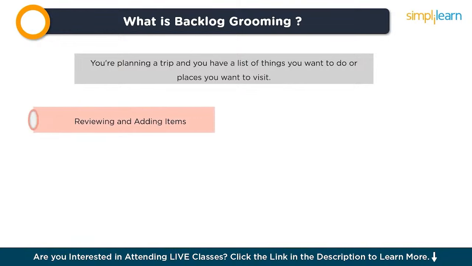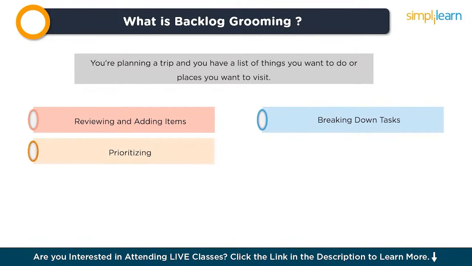Reviewing and adding items. You start by looking at the items on your list backlog and making sure they're still relevant and needed. If there are new ideas or requirements, you add them to the list. Prioritizing. Not all tasks are equally important. You need to decide which ones should be done first.